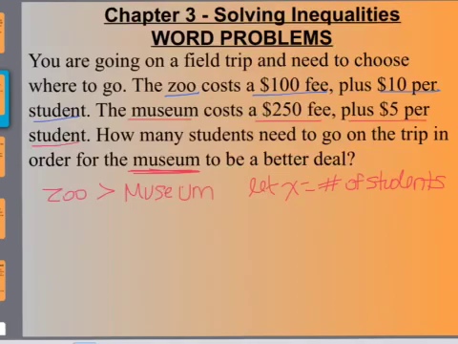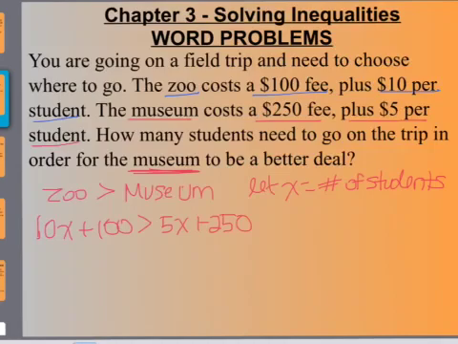Then we're going to set up the inequality. Well, the zoo is $10 per student plus the $100 fee. The museum is $5 per student plus the $250 fee. And we want the museum to be a better deal, so we want the museum to be less than the zoo, or the zoo to be greater than the museum.